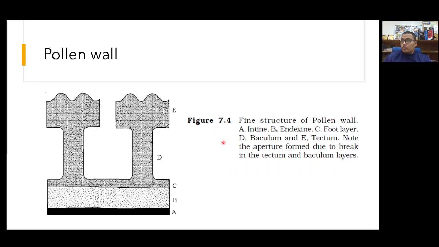Of course, a lot of terminology that I used here. I don't want you to become overwhelmed with the terminologies. I'm just saying this so you can become familiarized. When you go into details to study the pollen wall later on in your studies, you can revisit and look at these terminologies again.